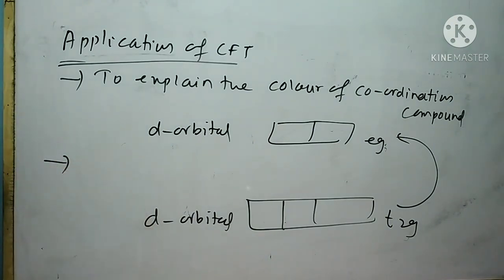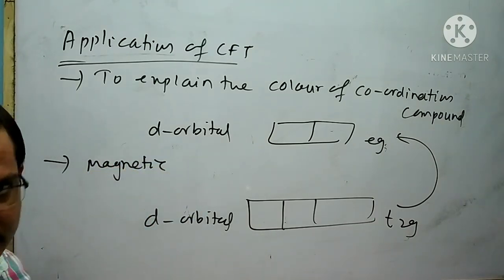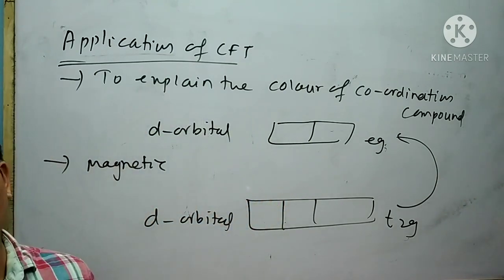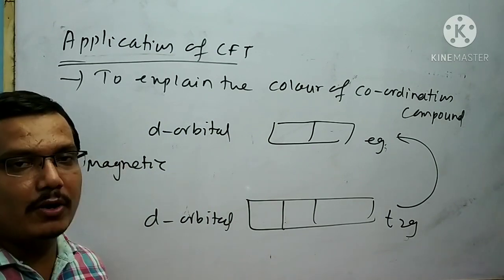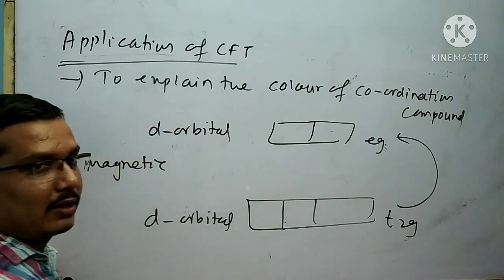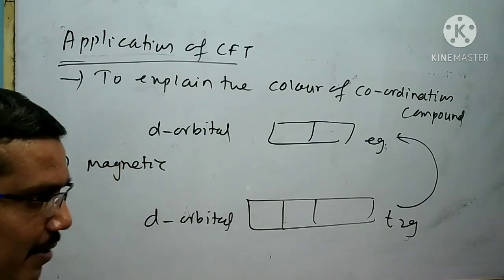Second application is it also helps to explain the magnetic character of a complex compound, whether the complex compound belongs to paramagnetic or diamagnetic. If the coordination compound has unpaired electrons, then that type of coordination compound is considered paramagnetic.